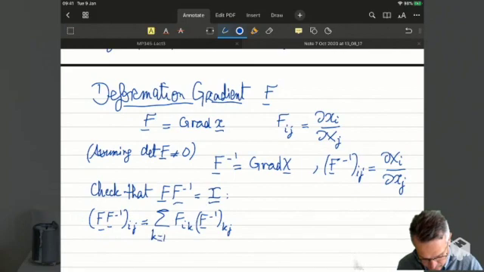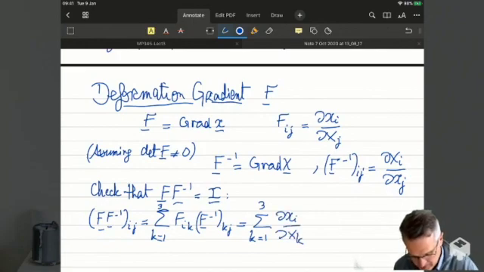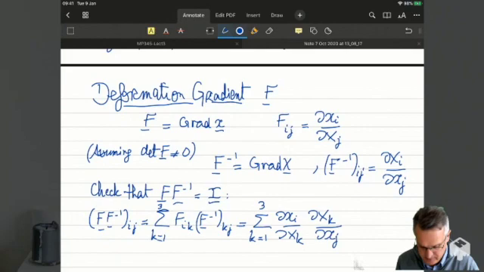Sum from k is 1 to 3. Yeah, so I'm just going to see if that gives me the identity. Fik, I've defined it earlier. And F minus 1, I just gave it to you as follows. X, k, xj.